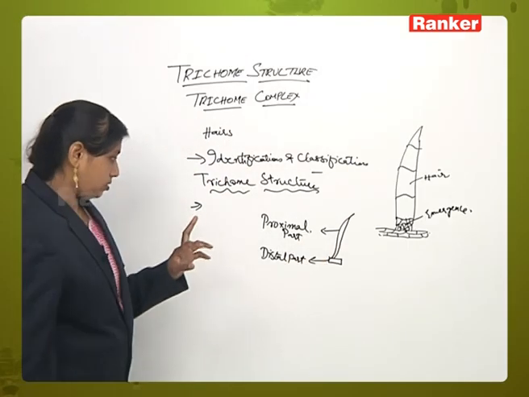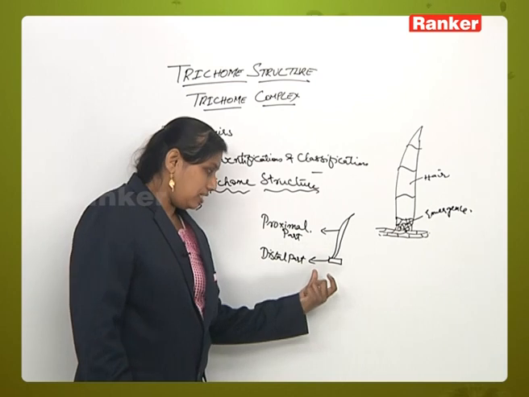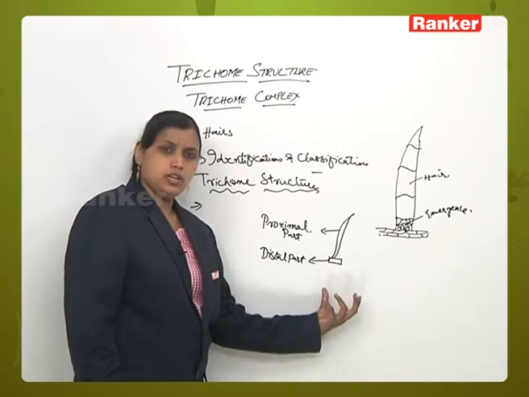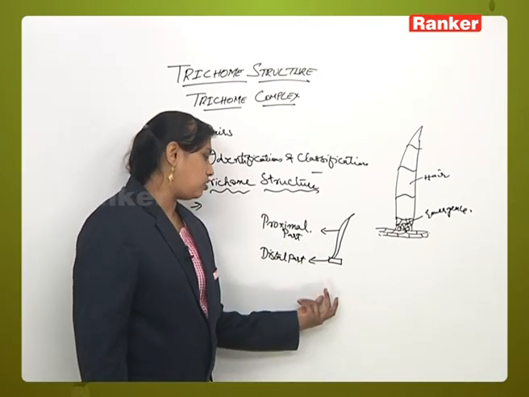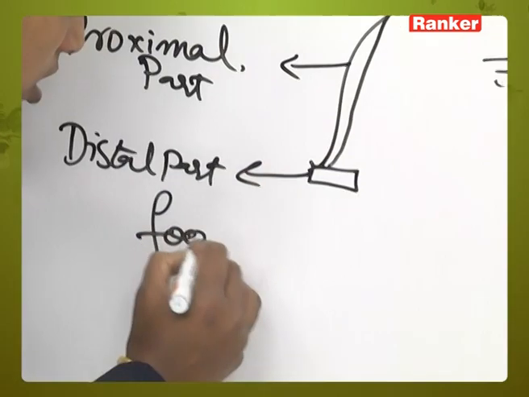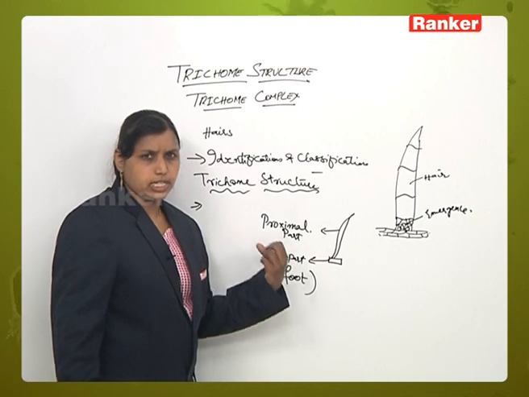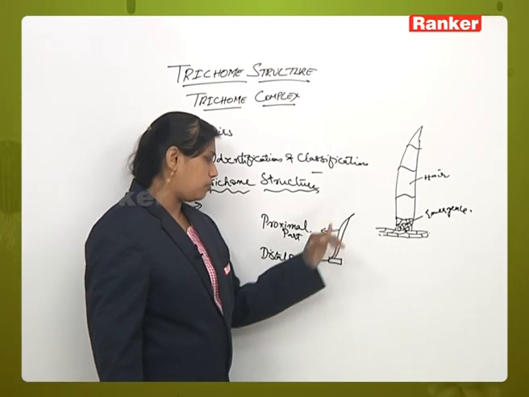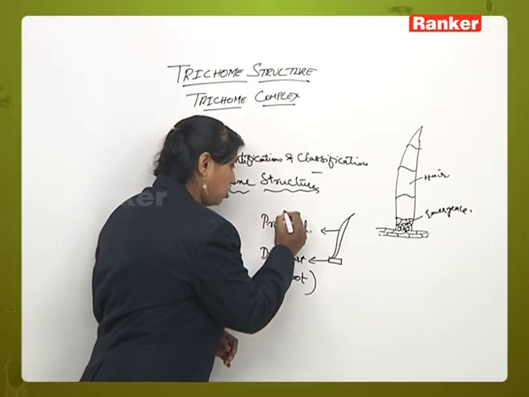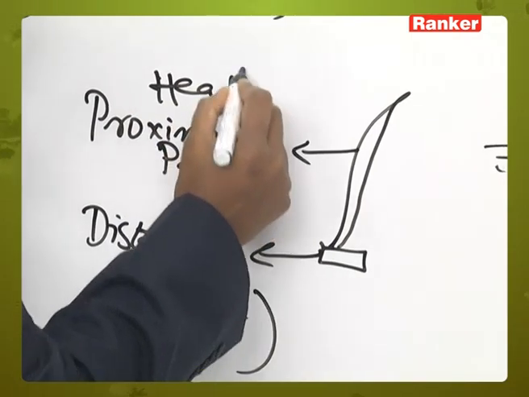Any trichome can be divided into two sections. The distal part, which is embedded in the epidermal cells, is also called the foot, and the proximal part, which is growing above the epidermal cells, the outgrowth coming from the epidermal cell, is also called the head region.